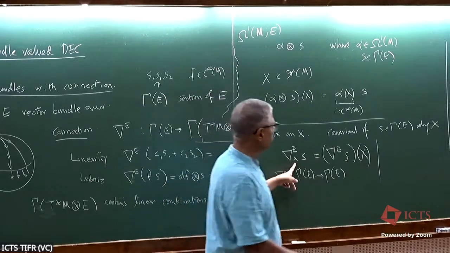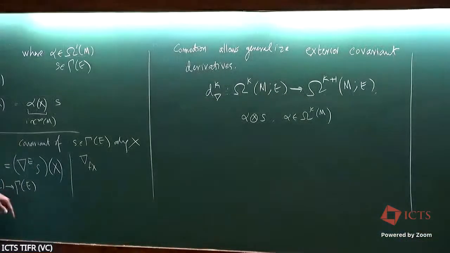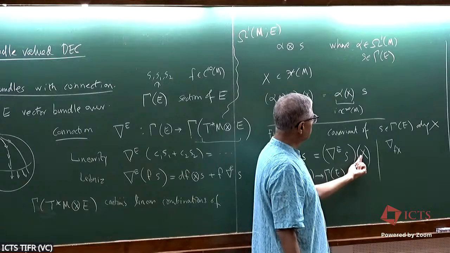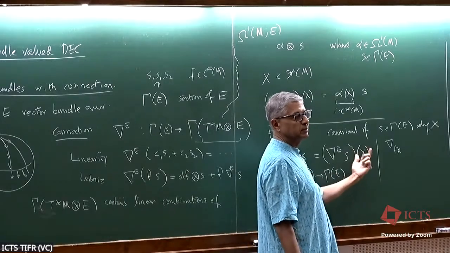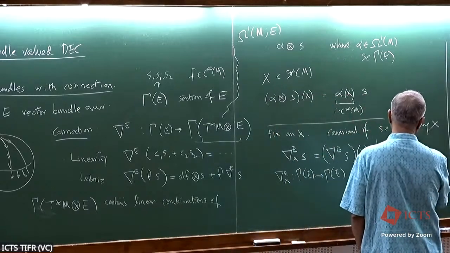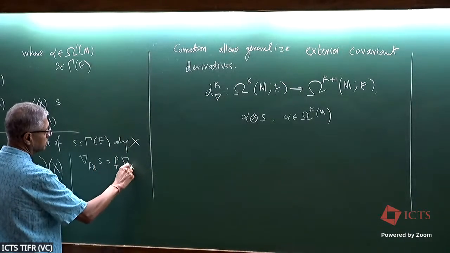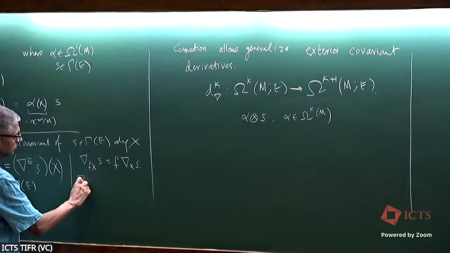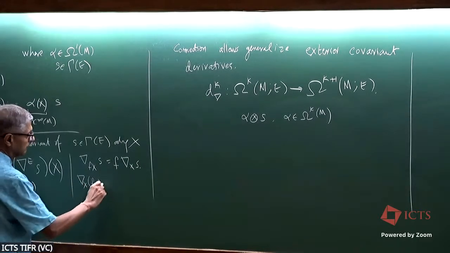If you trace back what this definition is, because this is a one form, when you take a function times a vector field, the one form just worries about the vector field, the function just multiplies it. So that's why even for a function here, you get linearity. But when you do a function here, you have a Leibniz rule.